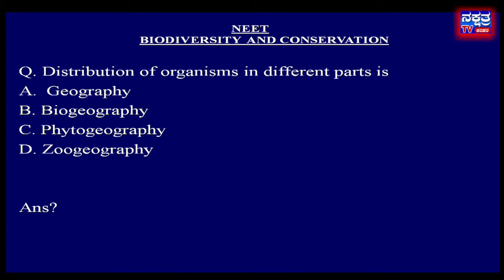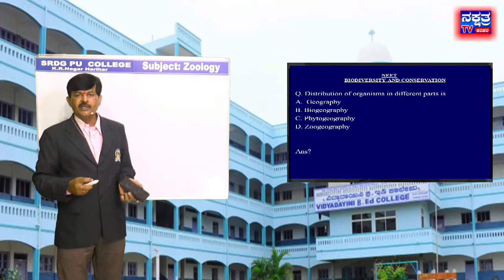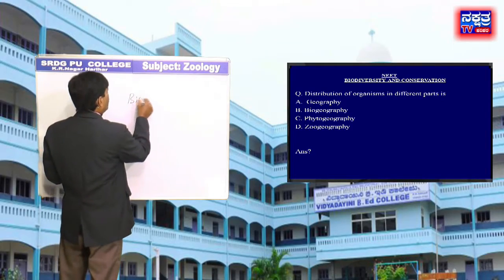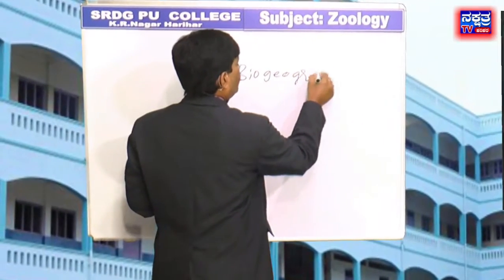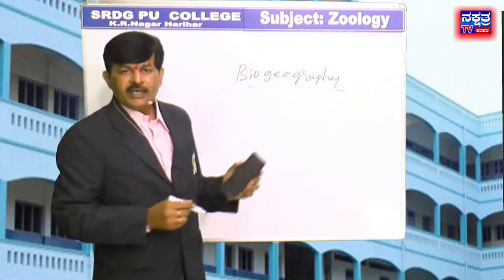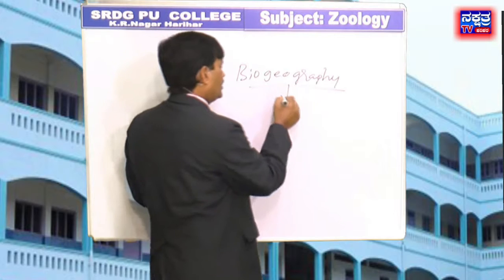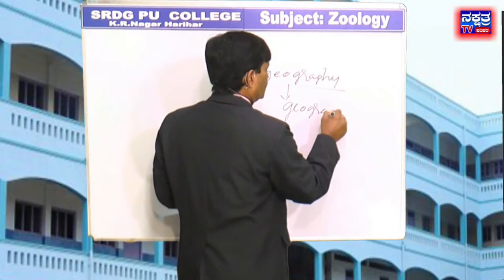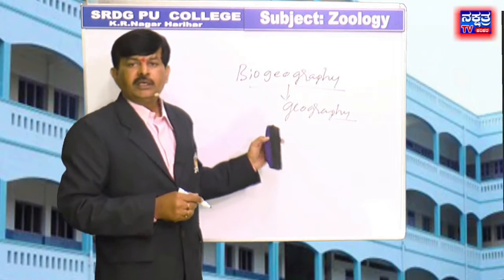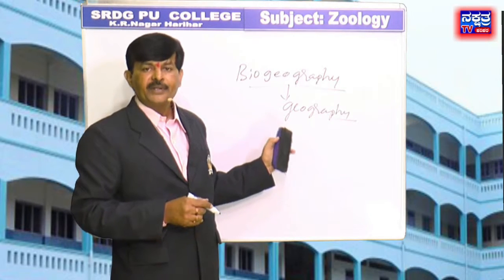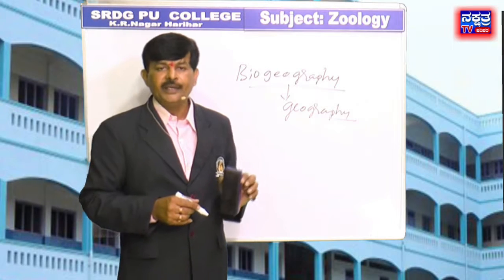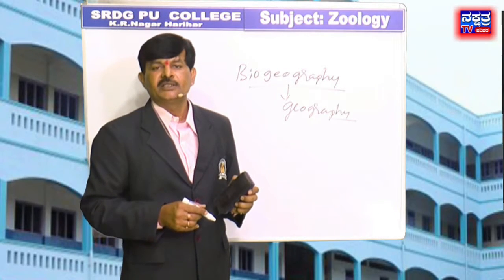Move to next question. Distribution of organisms in different parts is option A, geography, B, biogeography, C, phytogeography, D, zoogeography. Biogeography is a branch of geography that studies the past and present distribution of the world's many animal and plant species.